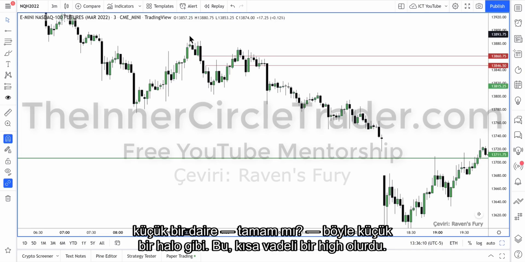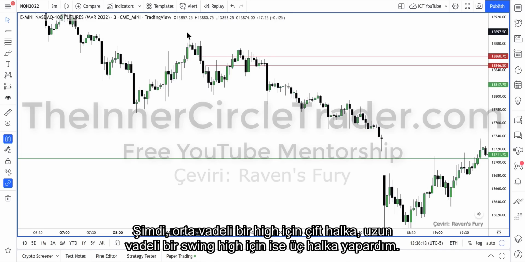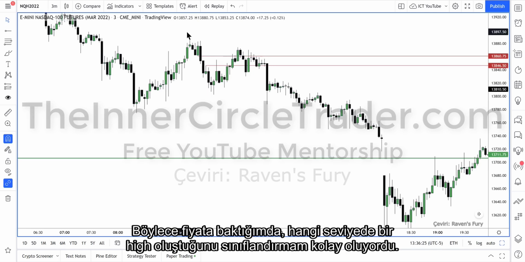That would be a short-term high. I would do a double halo for an intermediate term high, and three halos for a long-term swing high. That way, when I'm looking at price, it allows me to classify the level of high that it is forming.